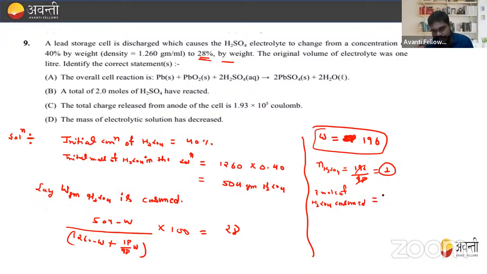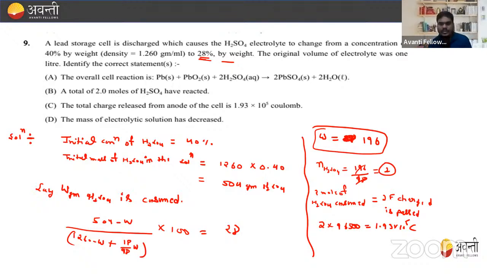It means 2F charge is passed. 2F charge is passed, or we say 2 into 96,500 is equal to 1.93 into 10 to the power 5 coulomb, right? So this one is also correct. This is the correct one.